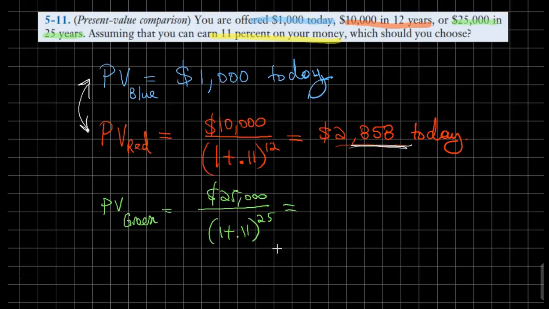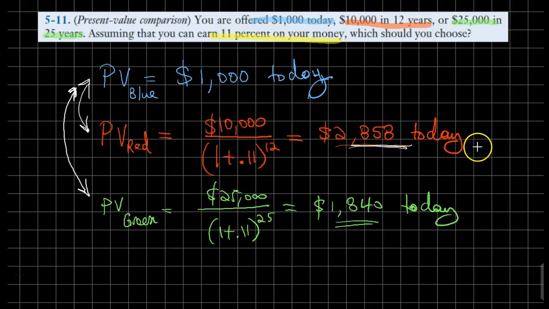The present value of this, which you can calculate with your financial calculator, is $1,840 in today's dollar terms. Comparing the blue and the green, obviously the green is better. So regardless, both the green and the red investment outperform the blue investment.